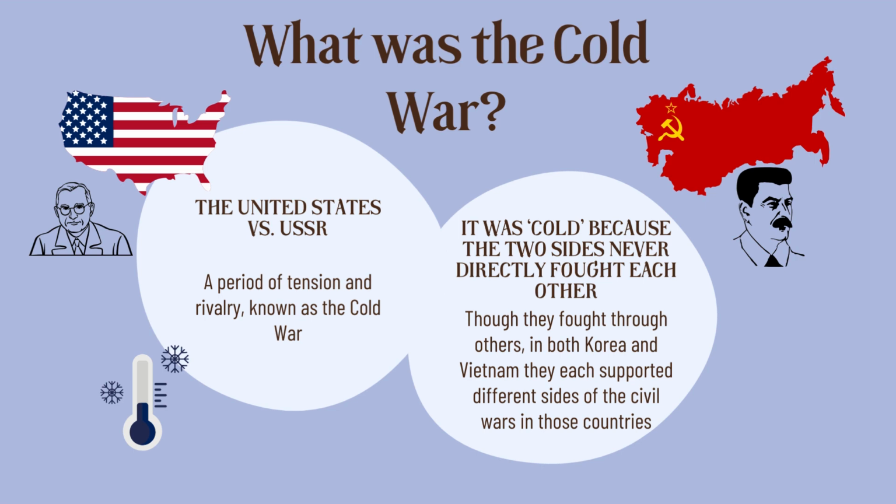They fought through others in Korea and Vietnam. The United States would support countries that opposed communism, and the Soviet Union would support countries and people that wanted communism. So they kind of fought each other through other people, but there wasn't any direct fighting between the two sides, which is why it's called Cold War.